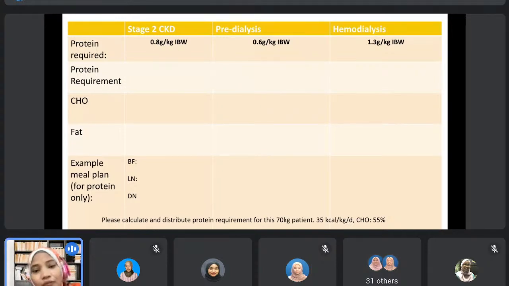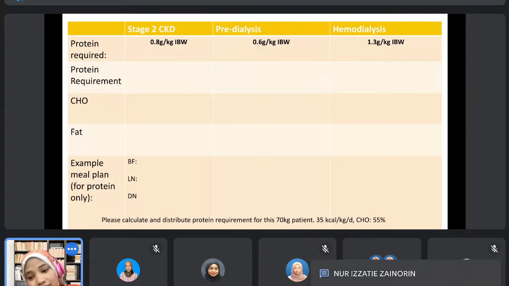You tahu kan kalau nak buat meal planning macam mana? You kena tolak daripada karbo, kena tolak daripada protein, right? So you all semua directly bahagilah ni. Semua buat macam tu ke? Yang lain-lain? Yes. Yeah. Okay.